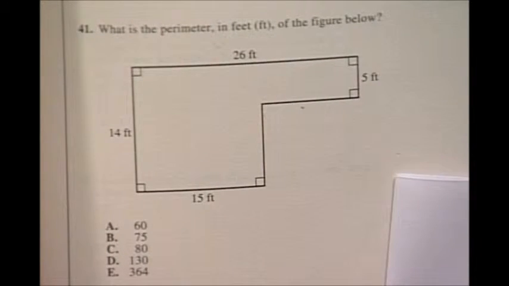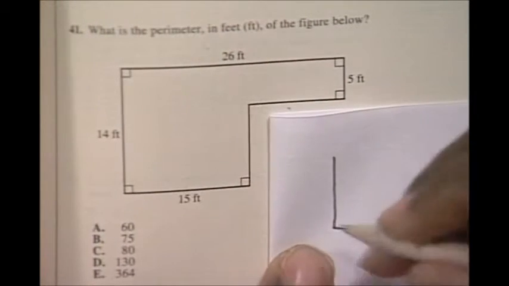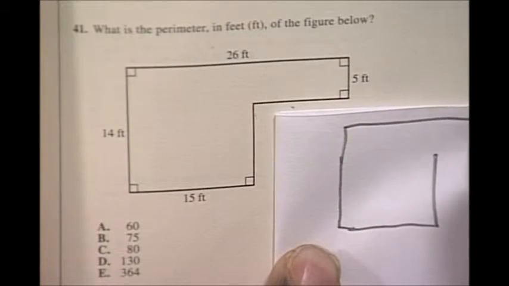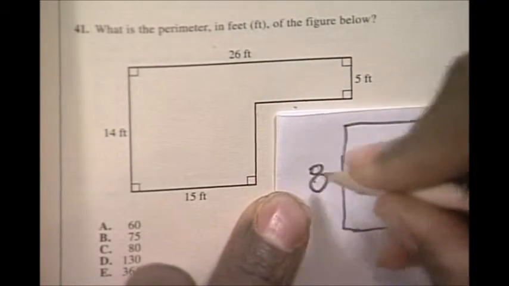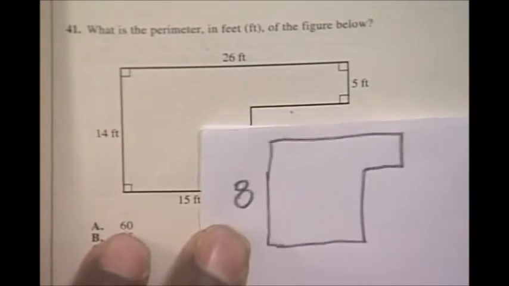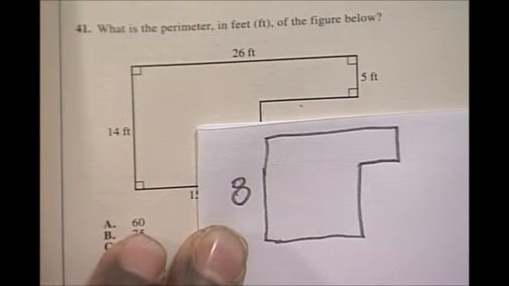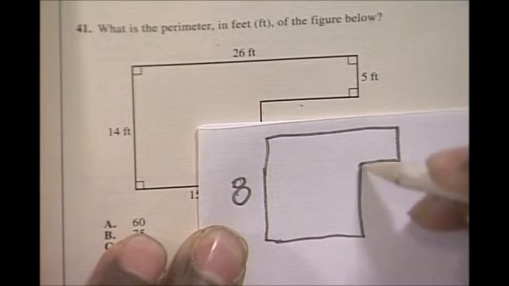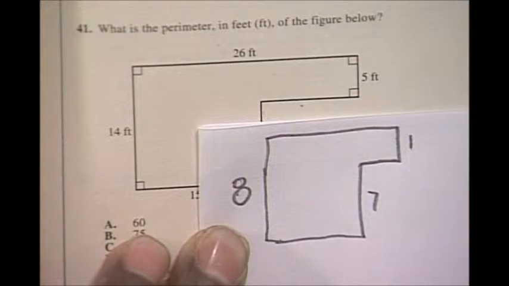But the thing that I'd like you to be able to see is if I told you that this was, let's say, a shape that looked like so, and I told you that this distance was 8, it really doesn't matter what this individual length is here and this individual length is here. This could be a 1 and this could be a 7.